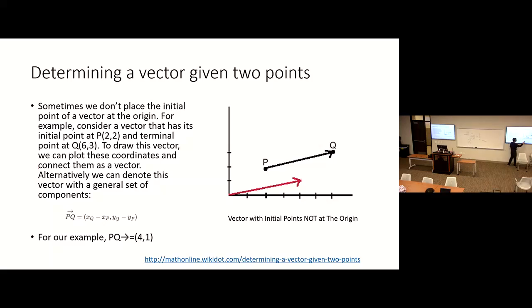So this will be the same as this. You just move where your origin is, so you can do this transformation to move that back to the origin. Not too hard so far, right? Okay.